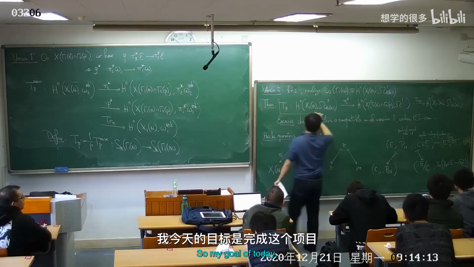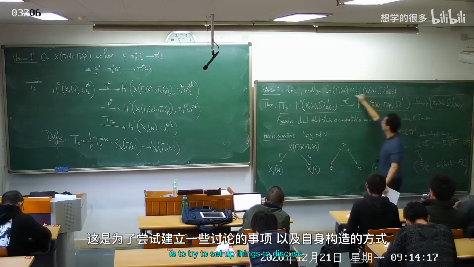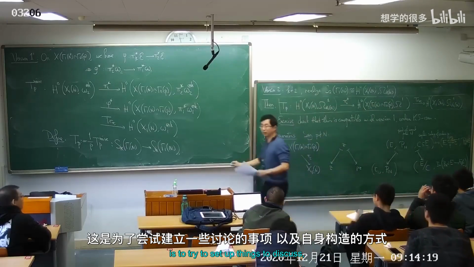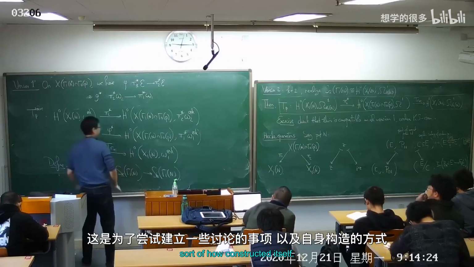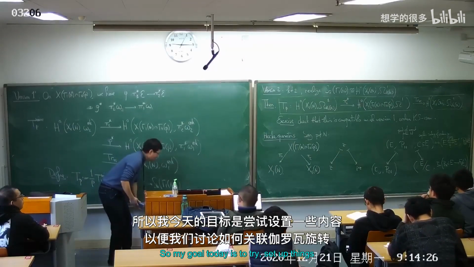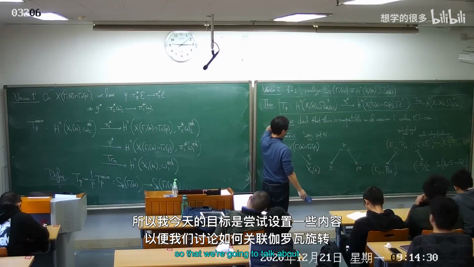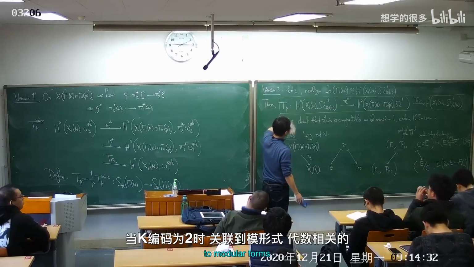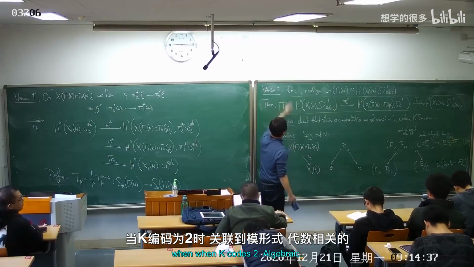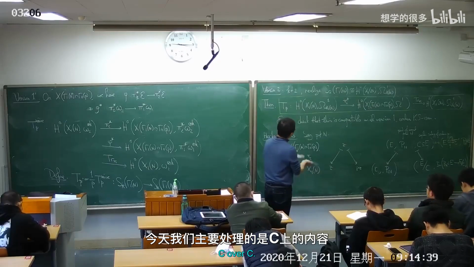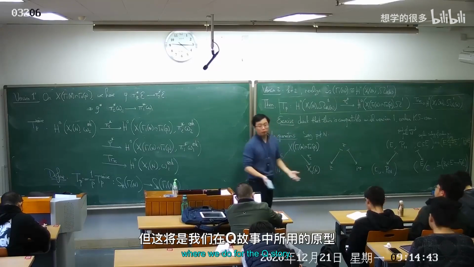So my goal today is to try to set up things so that we're going to talk about how to associate Galois representations to modular forms when weight k equals 2 algebraically. Today we were only mostly working over C, but this will be sort of the prototype of what we do for the Q story.